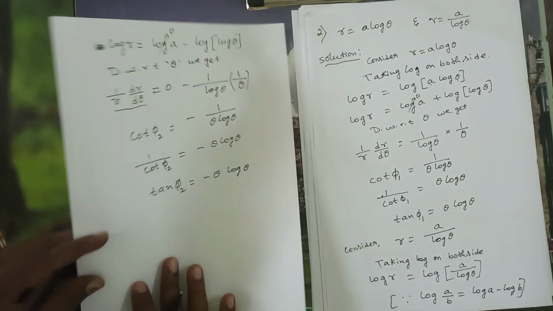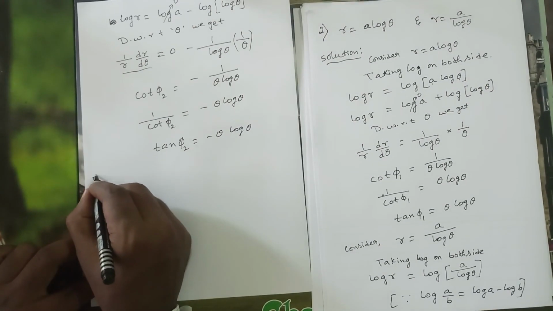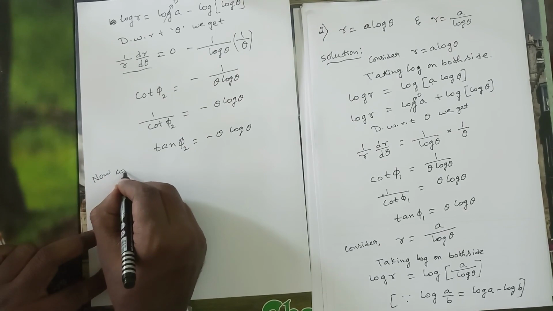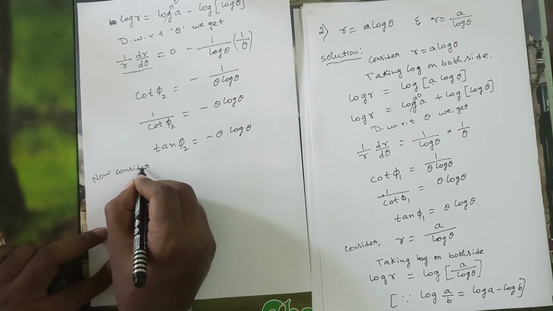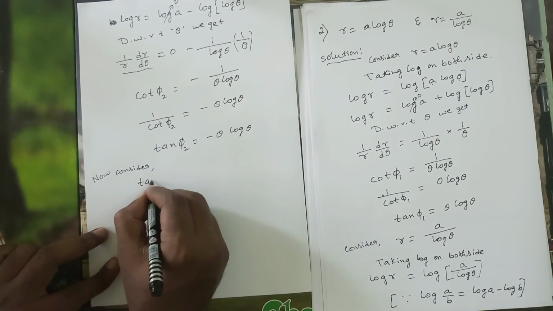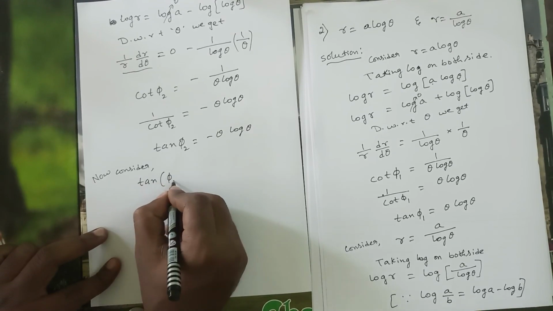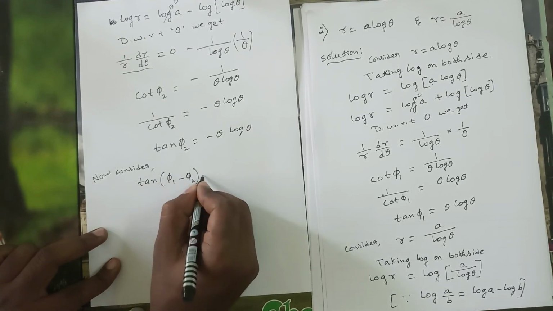Now I consider tan of phi 1 minus phi 2. What is the formula?